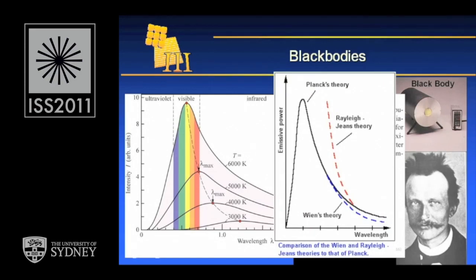And then at the short wavelength end of the spectrum, the Wien theory described the properties there. But the two were clearly inconsistent. In this region here, you can see that they both can't be right, and only one agrees with the experiment. And similarly over here, there is disagreement between the two theories.